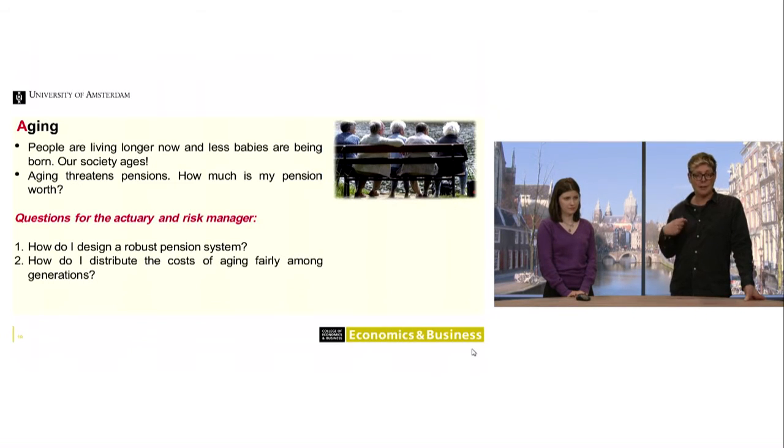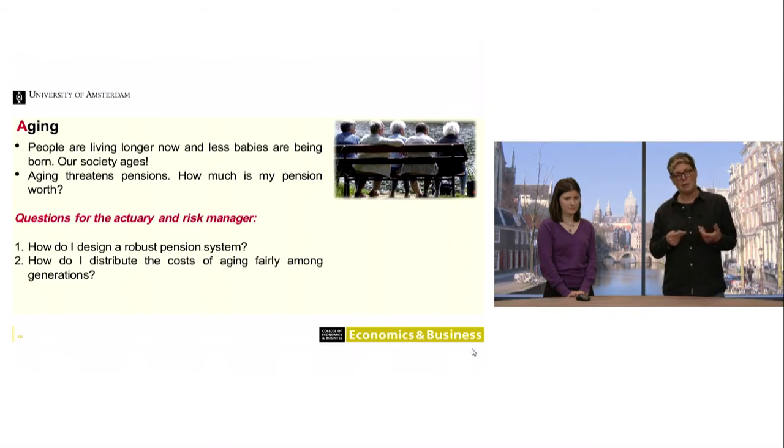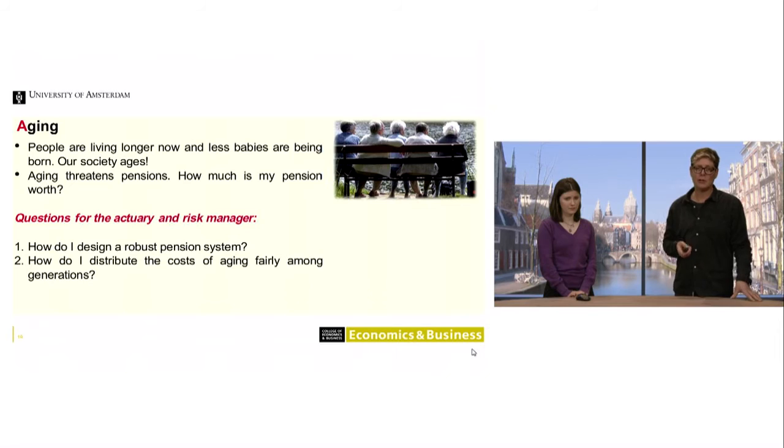If I give out all the money that is presently in, then of course for the future generations there won't be anything. But of course, the worth of the savings that we all make is fluctuating. So how can we be sure that we can pay out the people when they are old? This is a very big issue for an actuary.